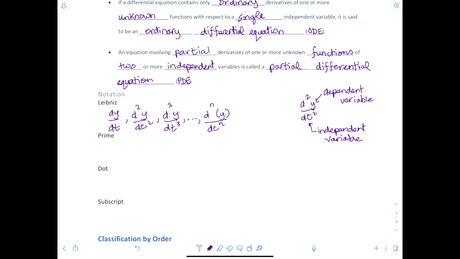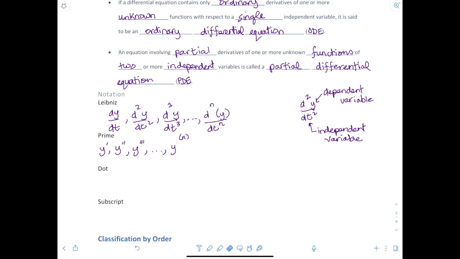Now, prime notation: dy/dt could be denoted as y prime. The second derivative with respect to t could just be y double prime, y triple prime, etc. Remember, if you see parentheses around the superscript in this context, that tells you it's a derivative.